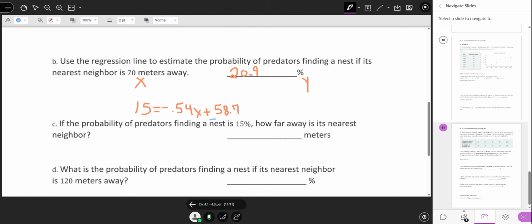So minus 58.7, so 15 minus 58.7 gives us negative 43.7 equals negative 0.54x.